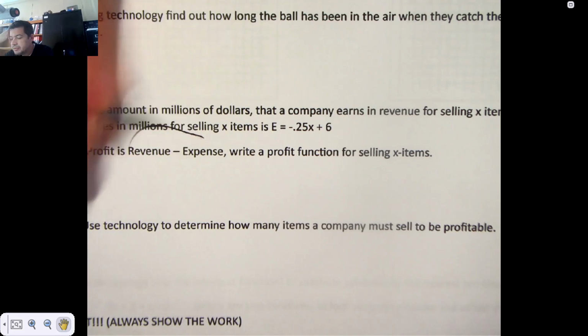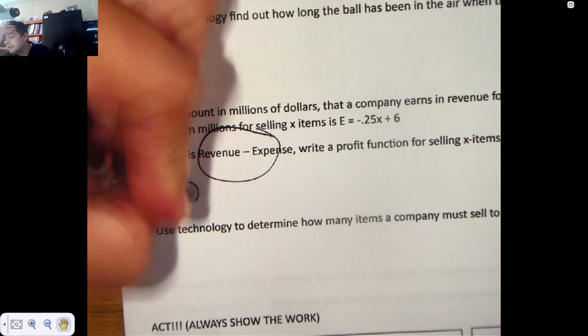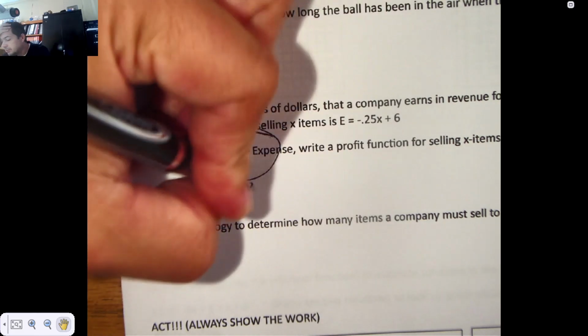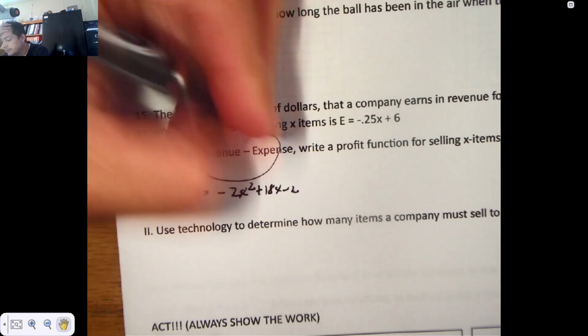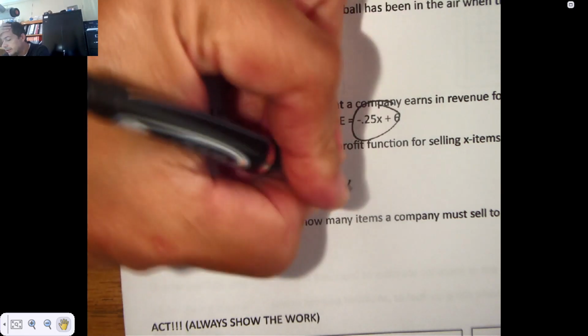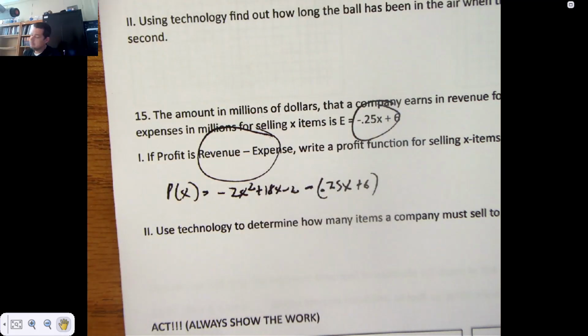If profit is revenue minus expense, we can create a profit function. Revenue is -2x squared plus 18x minus 2, minus expense, and there's two things there, 0.25x plus 6. Because there's two things, I wrap them.